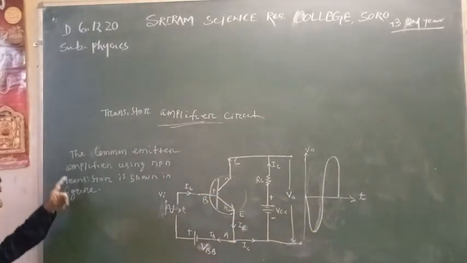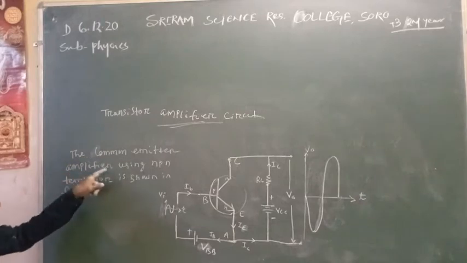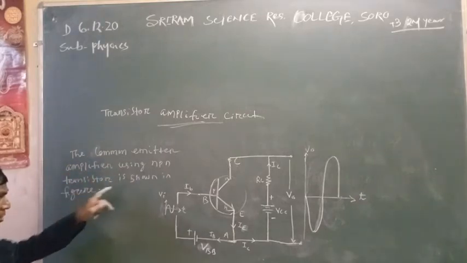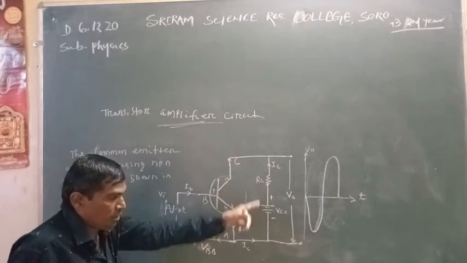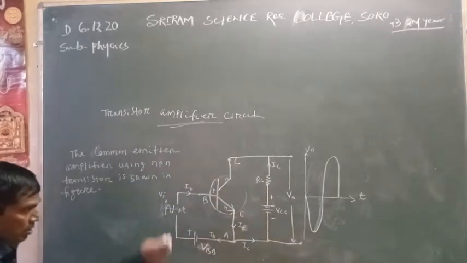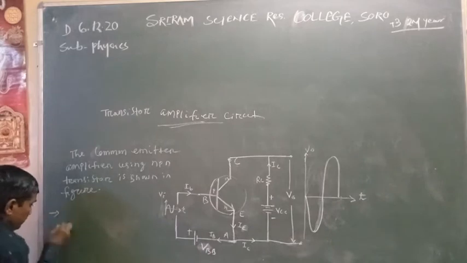Here the common emitter amplification using an NPN transistor is shown in the figure. This is the common emitter circuit.